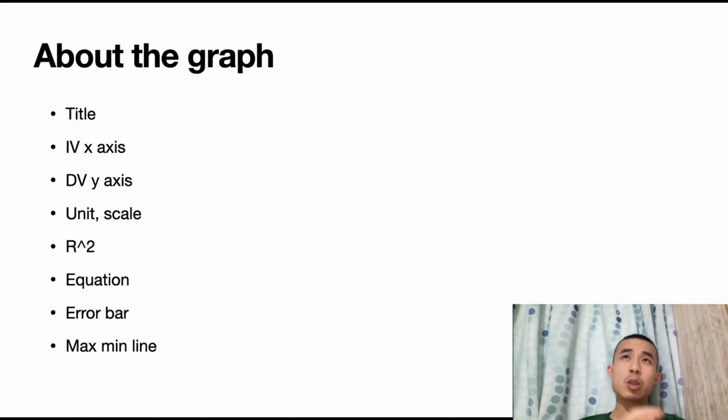The reason is that when you have error bars and max-min lines, you have a lot more to discuss in the data analysis part. So if you want to aim higher, you should add error bars and max-min lines.